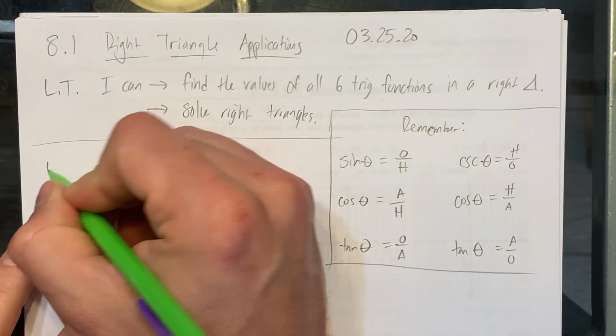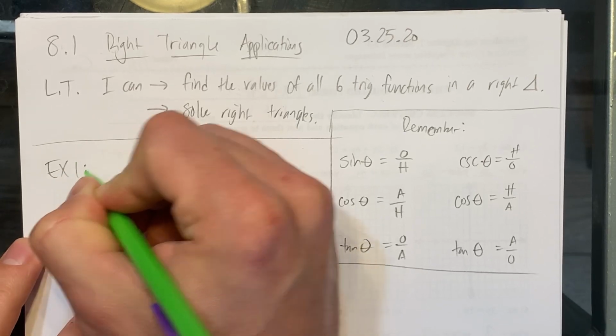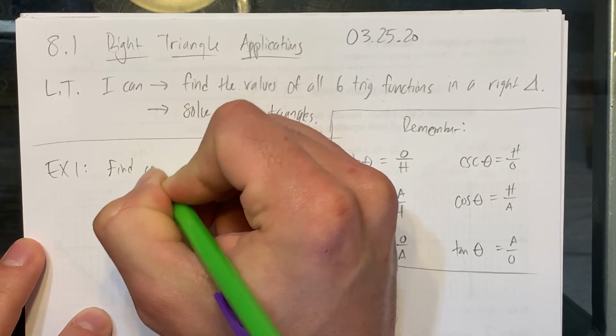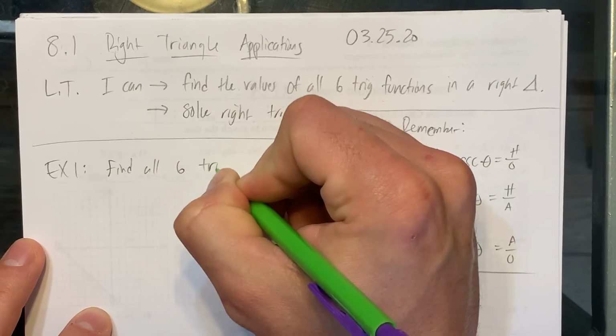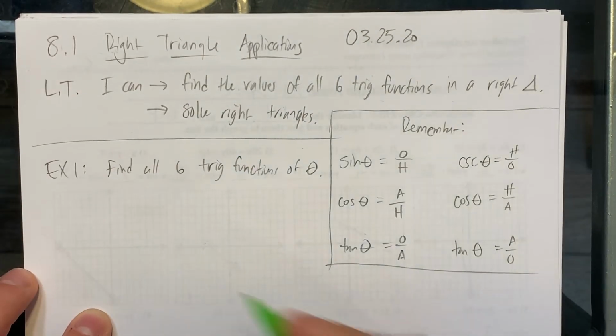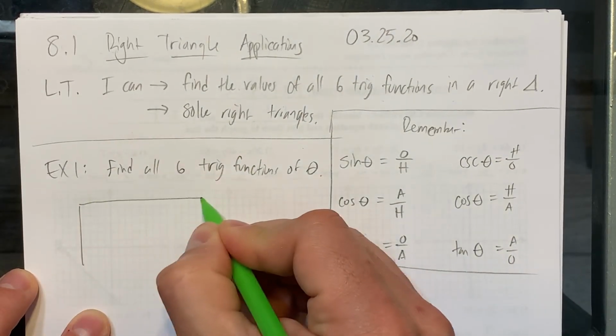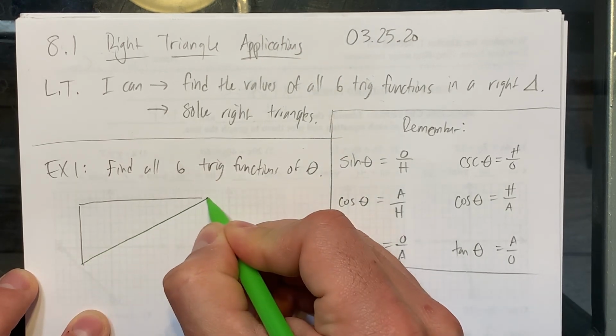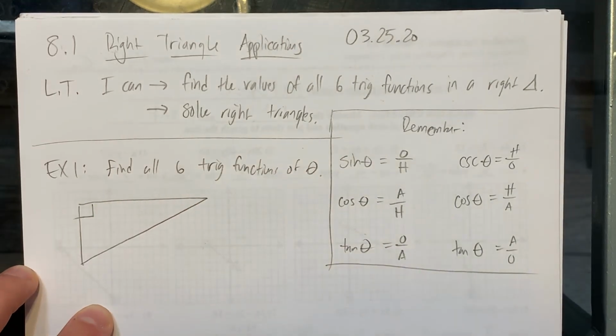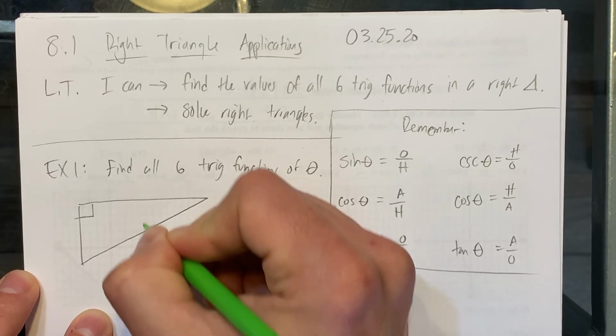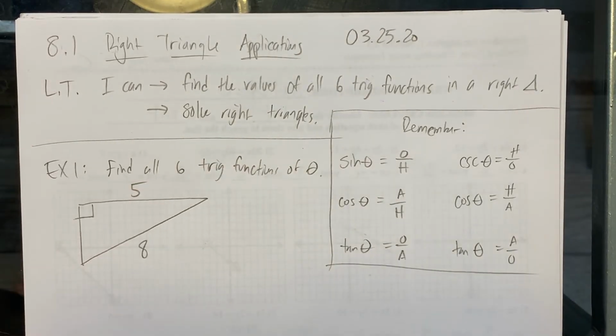So for example 1, what I'd like for you to do is to find all 6 trig functions based on the angle theta. And if I give you a little triangle here, it looks something like this. Most of the time you're going to have 3 values. In this case, I'm going to give you 8 and 5.